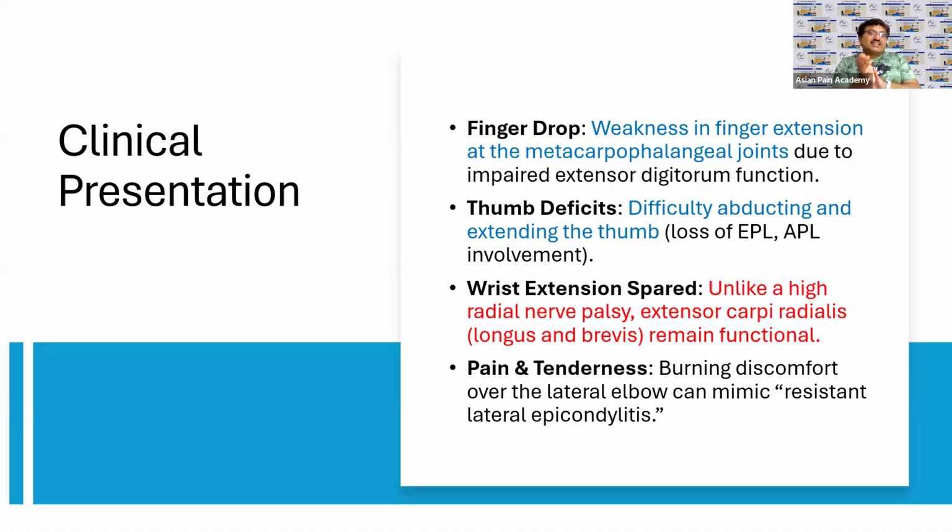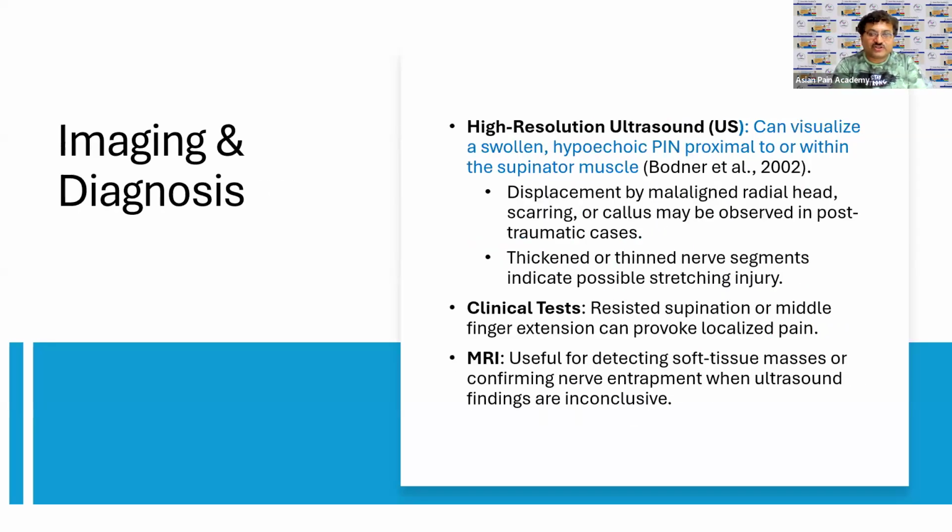Whereas wrist extension is usually spared, because before the nerve goes to the supinator, the extensor carpi radialis longus and brevis are already supplied, so they remain functional. So wrist extension usually remains, and there will be pain and tenderness that can also mimic resistant lateral epicondylitis, with a greater neuropathic component. That is how it is differentiated.